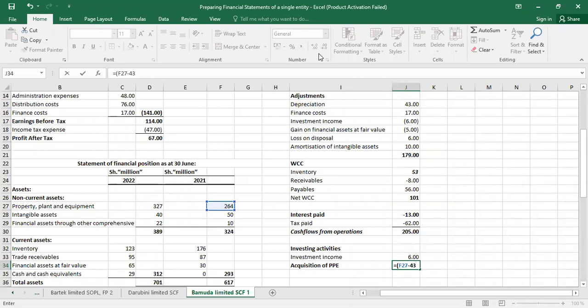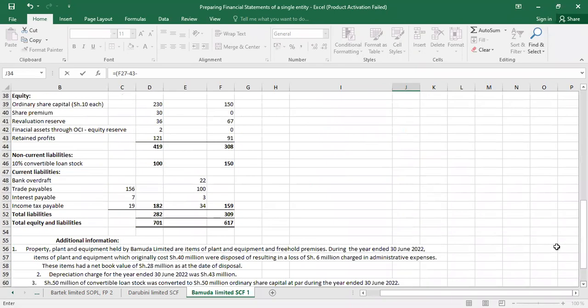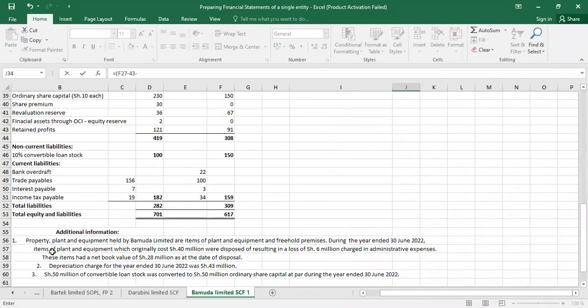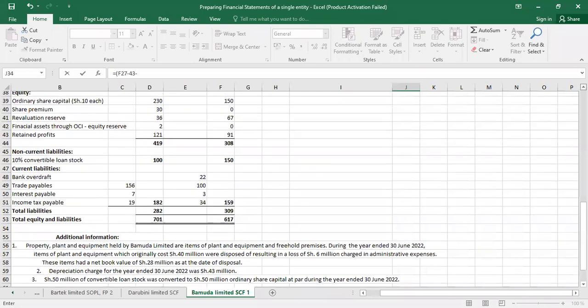I told you at PPE you consider depreciation, revaluation gain, additions, and any disposals, isn't it? And we made a disposal, isn't it? So the item had a net book value of 28 million, isn't it? We left the 28.